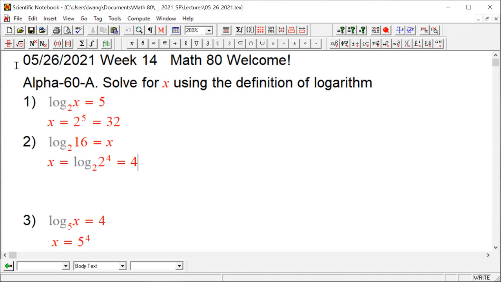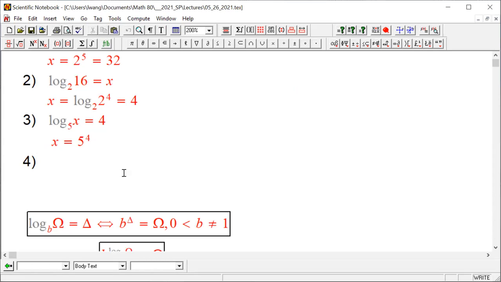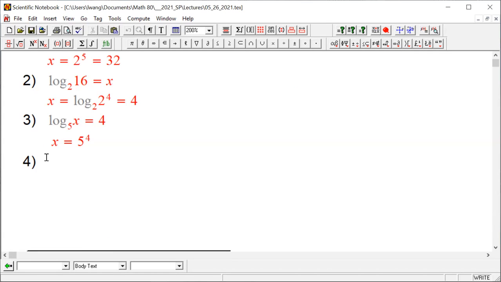How about number 4? Can you guys do number 4? I'm going to give you a couple of questions, because it gets a little easier and I want to make sure you guys are practicing. Number 4 is common log of 0.1 equals x.